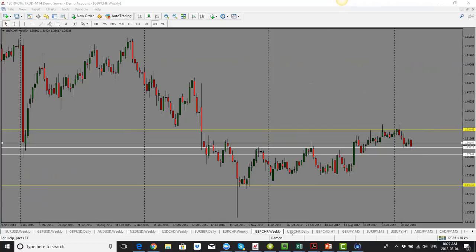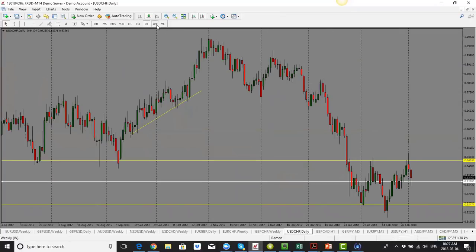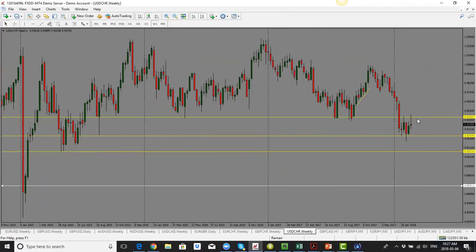Dollar Swiss franc here. This one is also looking bearish. So we haven't been able to break above this previous support and resistance area. As you can see, price reacted here many, many times. And now it's reacting in the same place from the opposite direction.